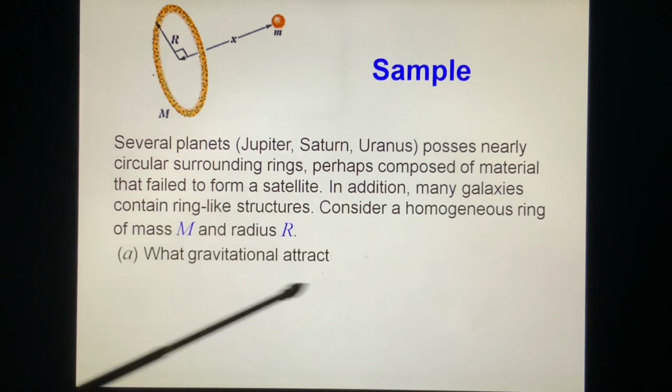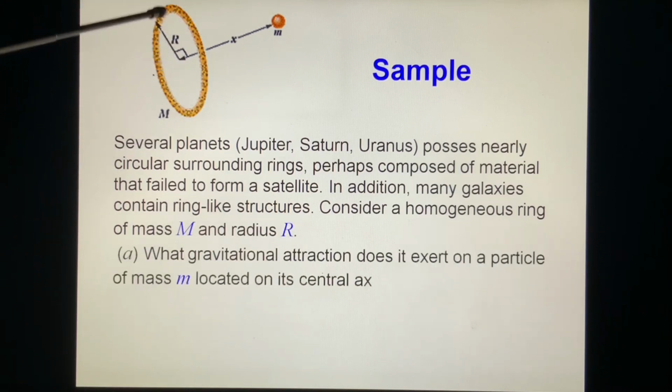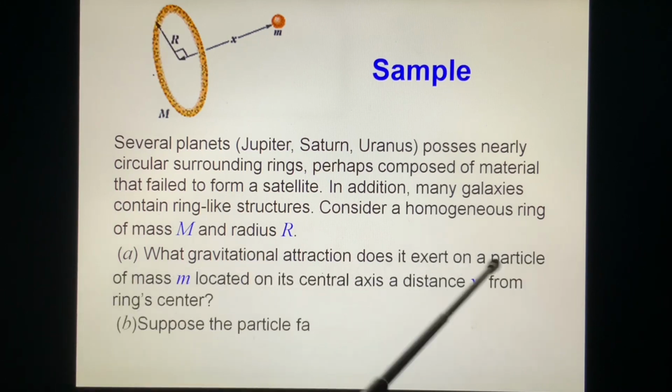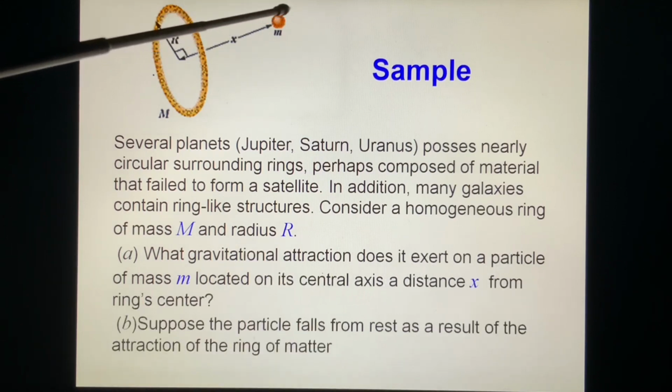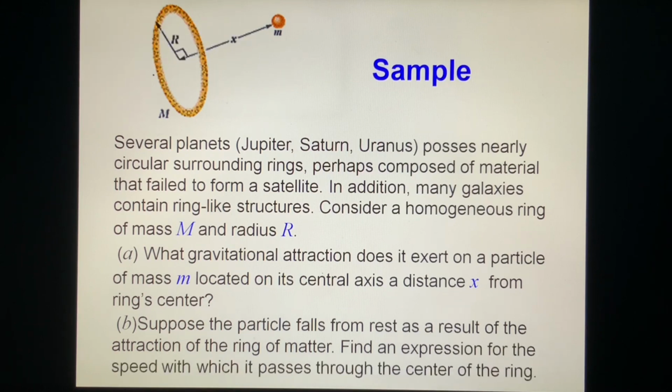Consider a homogeneous ring of mass big M and radius big R. A, what gravitational attraction does it exert on a particle of mass m located on its central axis at distance x from the ring center? B, suppose the particle falls from rest as a result of attraction of the ring matter. Find an expression for the speed with which it passes through the center of the ring.